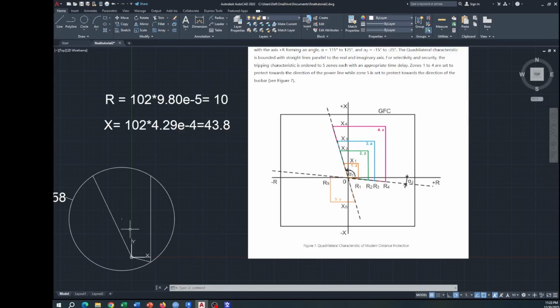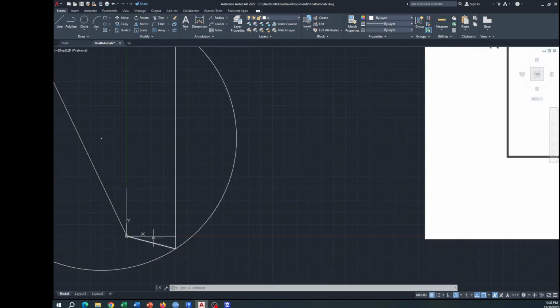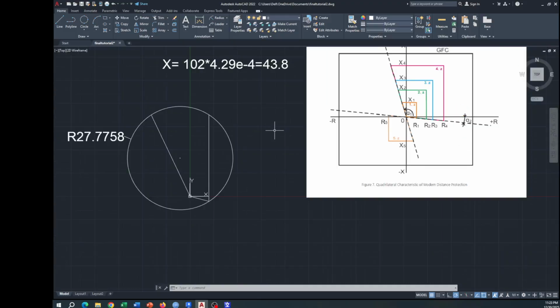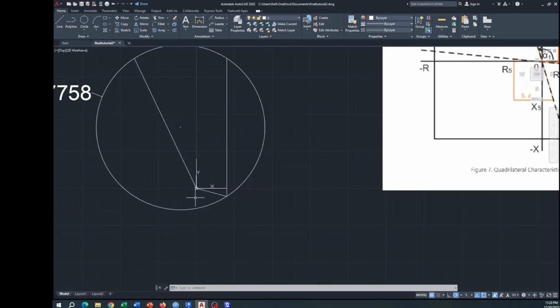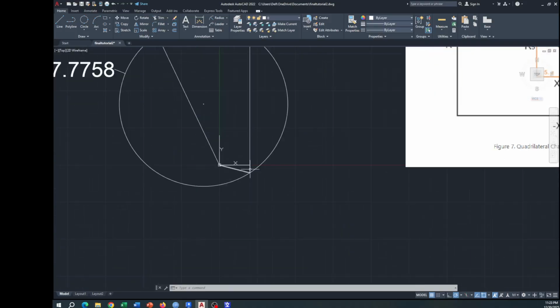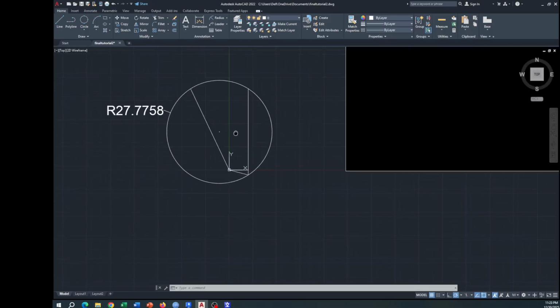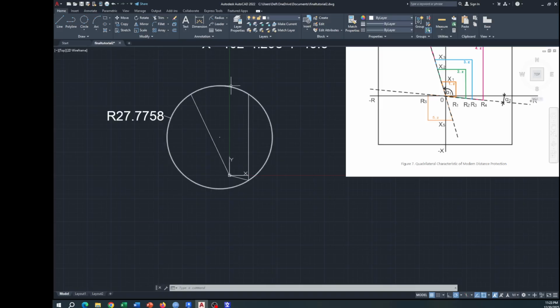This is the angle of alpha 1, and this is the angle of alpha 2. Here the angle I used is minus 20, minus 15. From here to here it is 10 ohm, and from here to here it is 43.8.